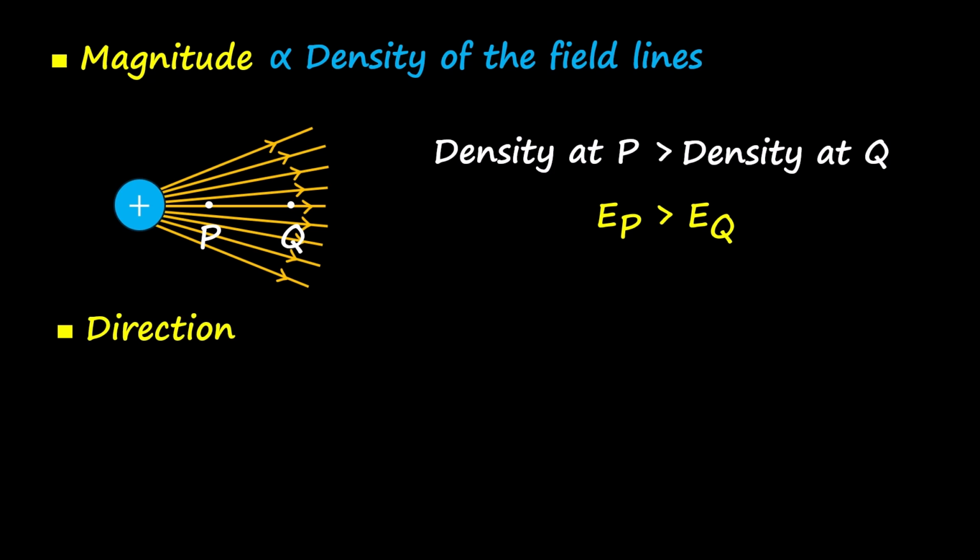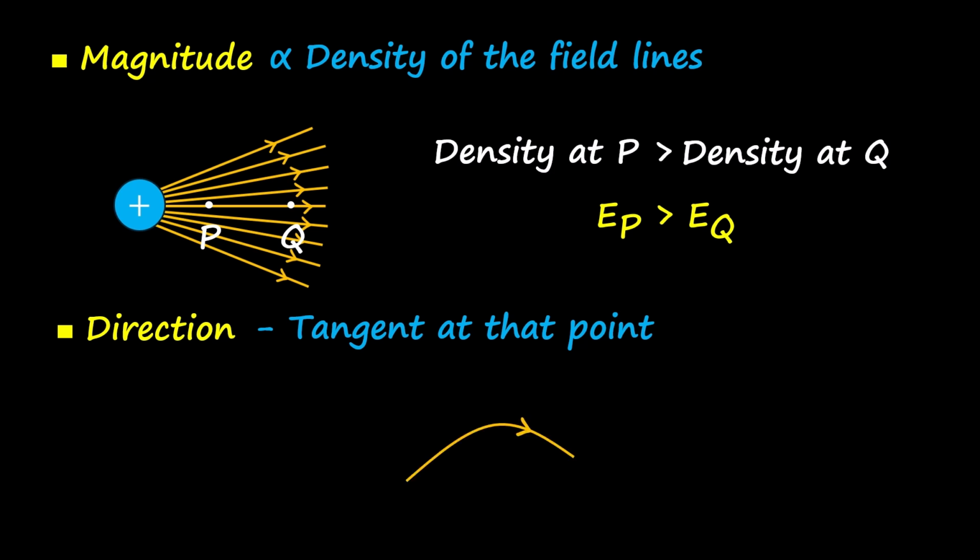The direction is given by the tangent at that point. Suppose this is an electric field line, and at point P we want to know the direction of the electric field vector. Then we have to draw a tangent at the point P. This gives the direction of the electric field vector at that point.